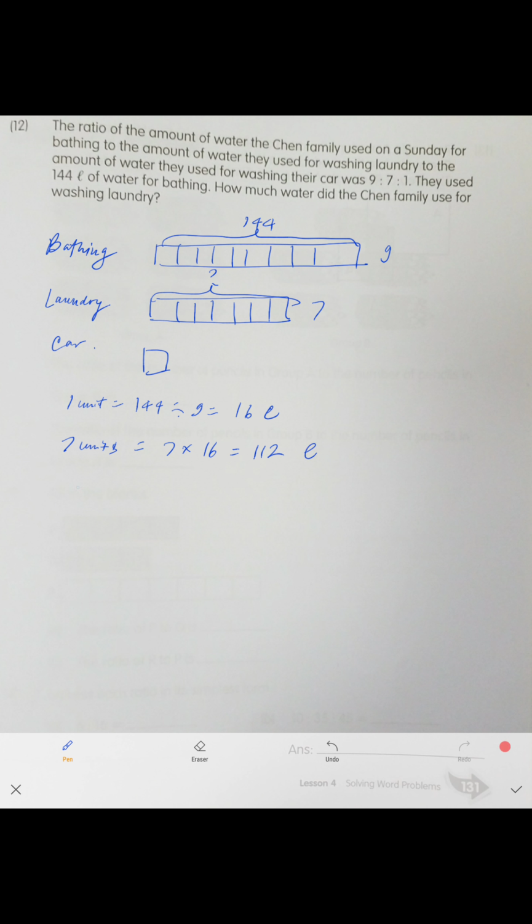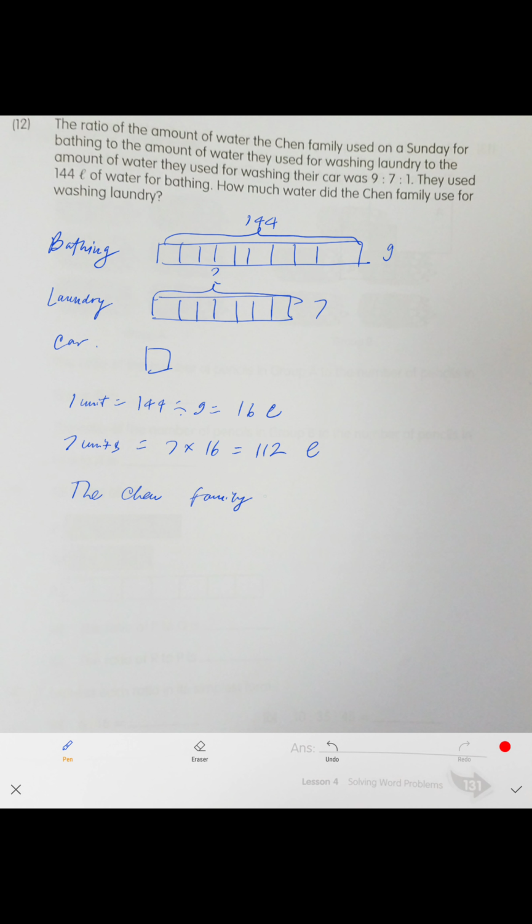That's your answer. That's it. The Chen family used 112 liters of water for washing laundry. All right, that's it.